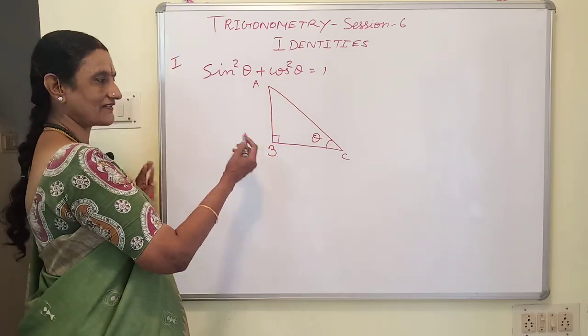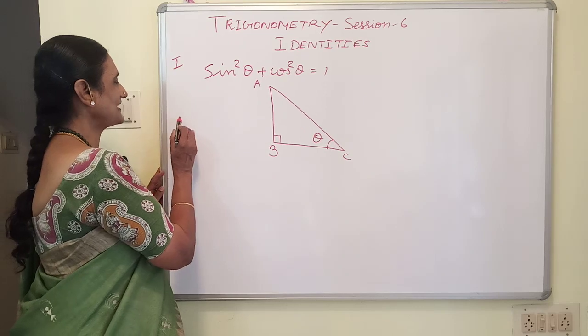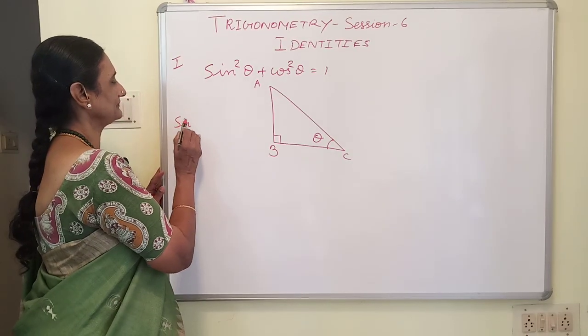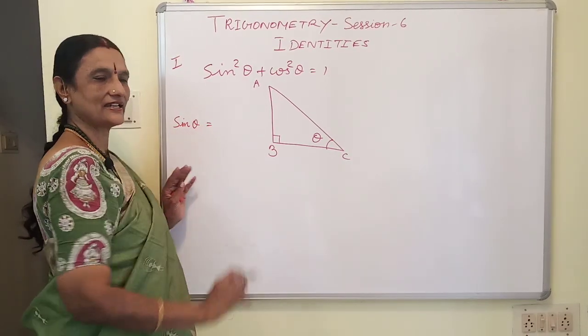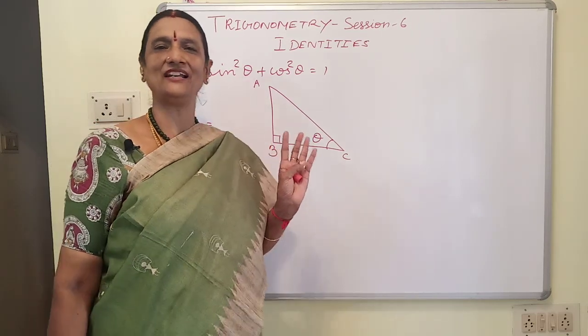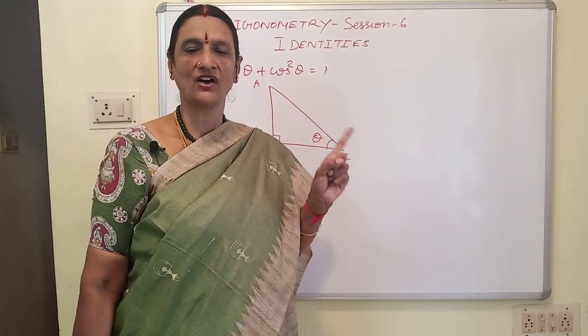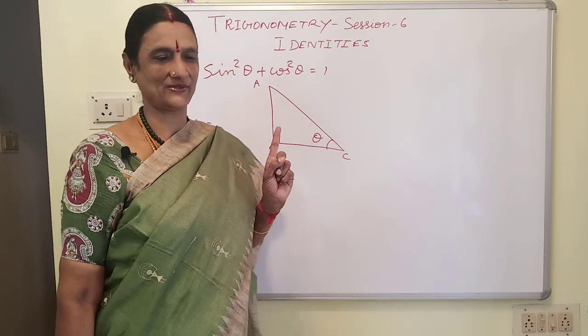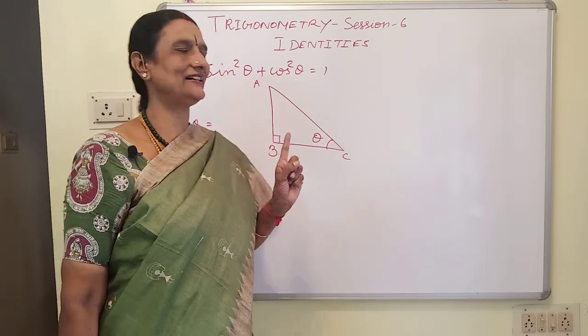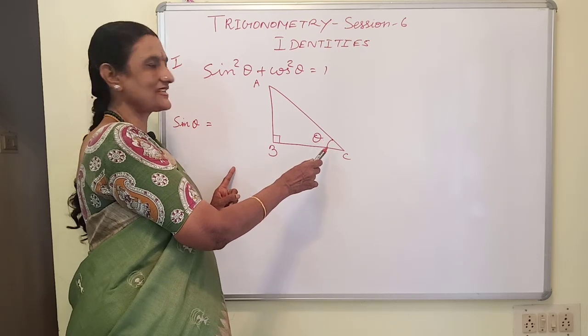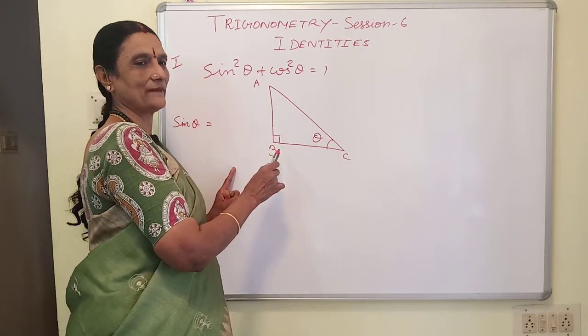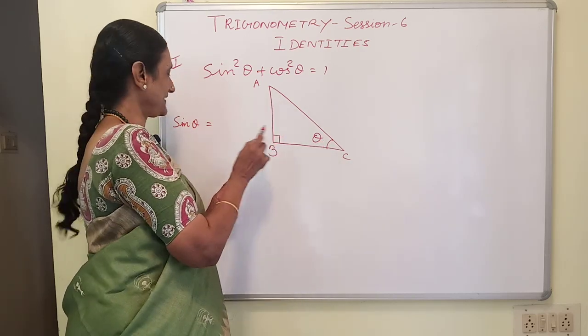Now in this triangle, what is sine theta, children? Sine theta, go by the definition and tell me, what is sine theta? Sine theta is opposite by hypotenuse. What is opposite here? With respect to theta, the opposite side is AB. So hypotenuse is AC.